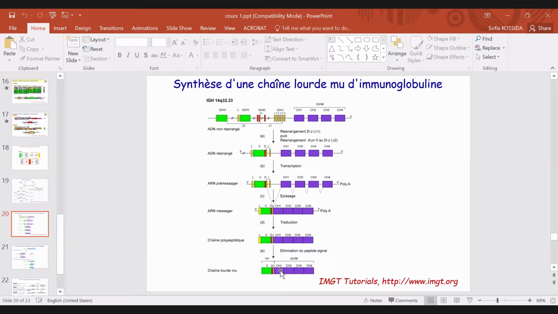Actually, have a look at how many constant regions we have got. There are 4. If you remember, the group that was presenting the structure of the immunoglobulin heavy mu chain said there were 4 constant regions. And we had said that, depending on the number of the constant regions, we have different isotypes.